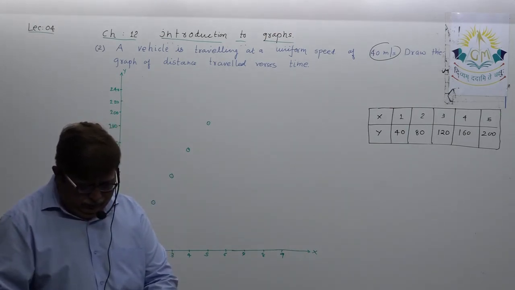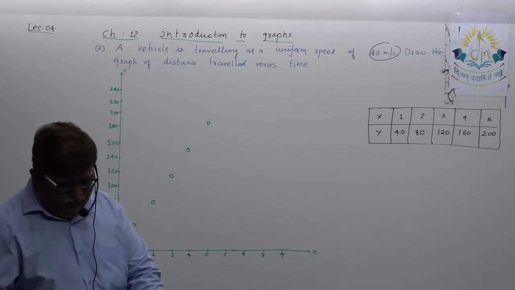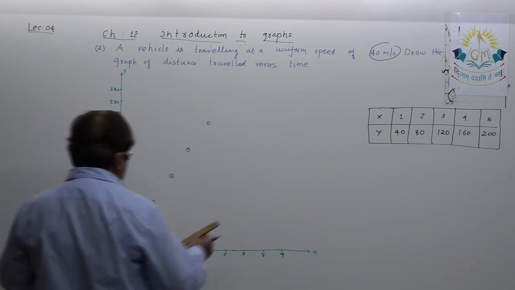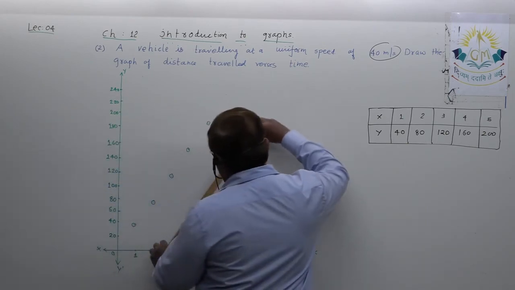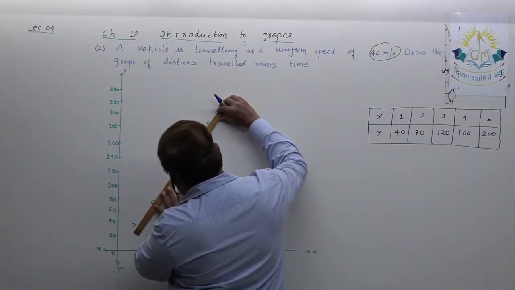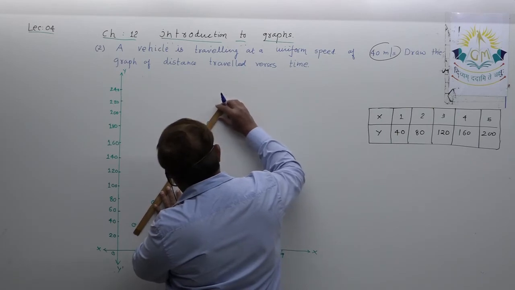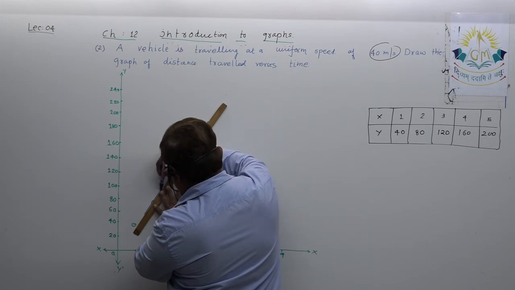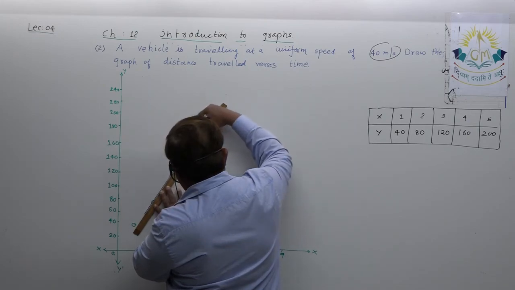And now a simple straight line graph passing through all the points. Okay, this way.